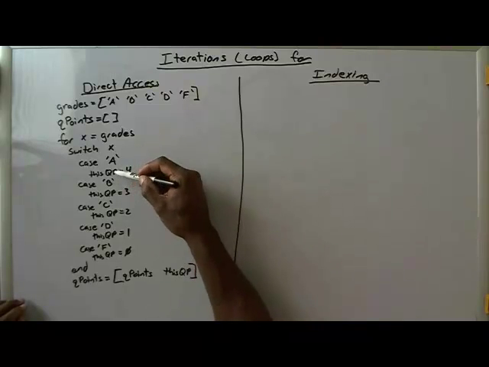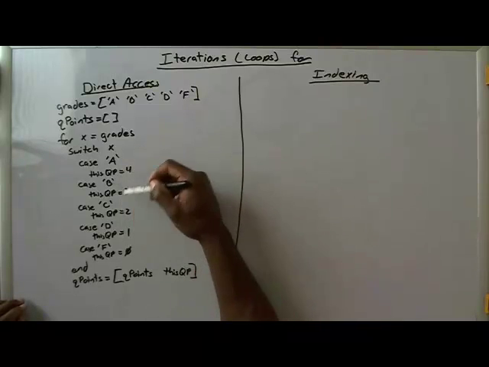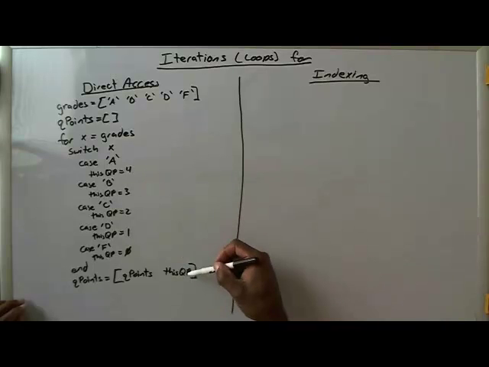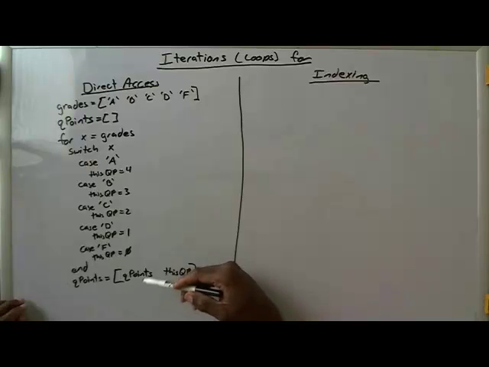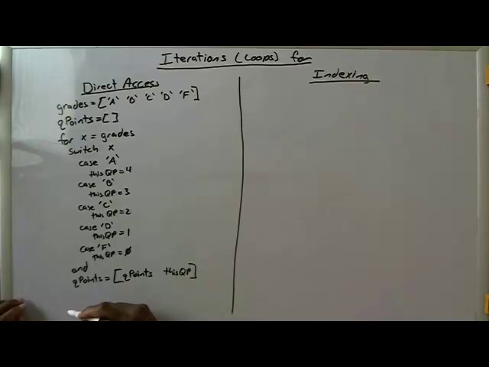The variable this QP will get assigned one of these 5 values every time through the loop, and then that value will get concatenated onto our result vector Q points. Okay? And then I end the for loop, and then I can display the vector Q points once I'm finished.